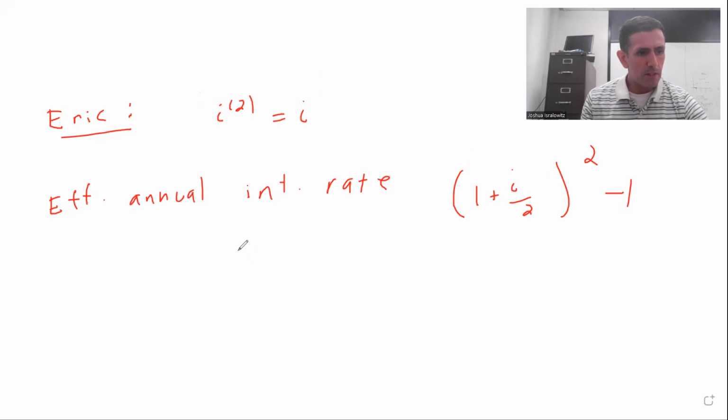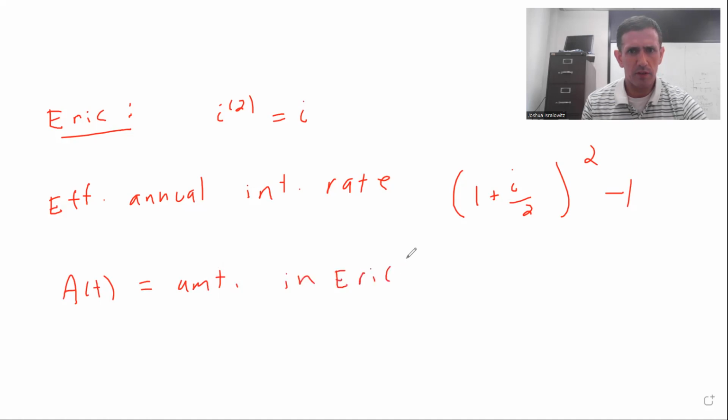Okay, so let's say A of T is the amount in Eric's account after T years.